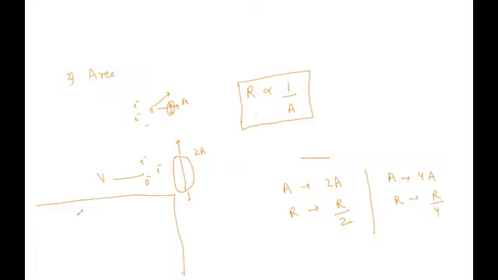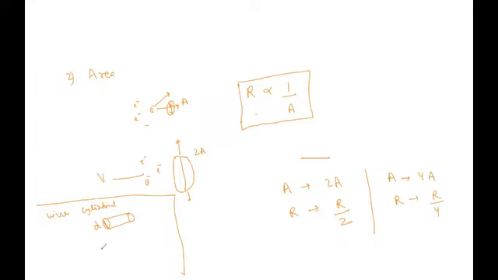Suppose you have a wire. The wire is cylindrical. So the wire is like this. You are given a diameter d.